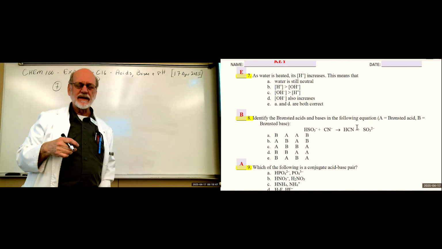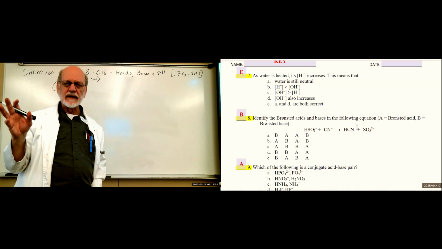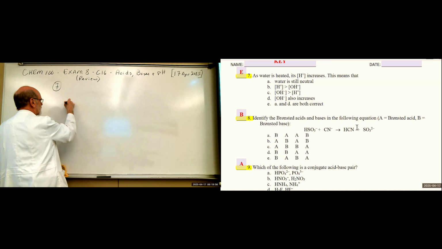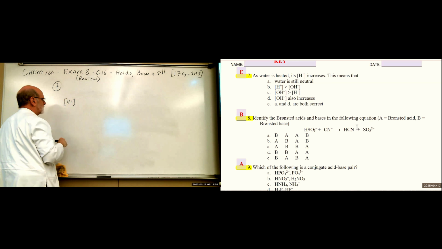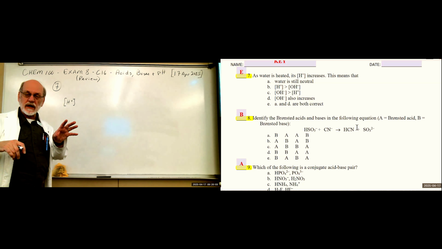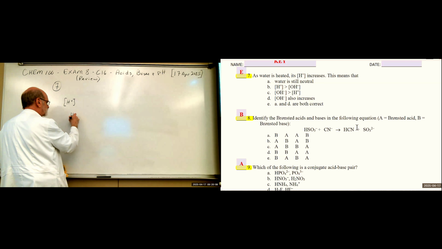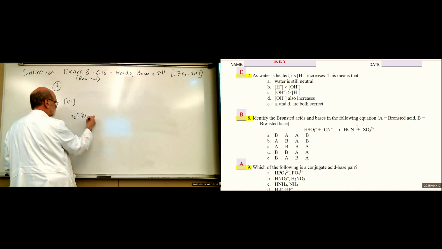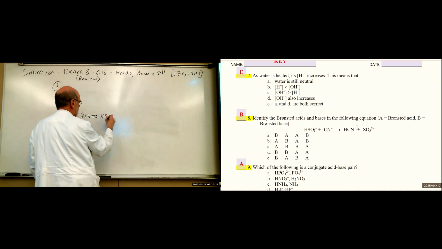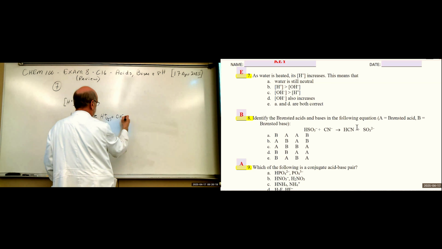As water is heated, its hydrogen ion concentration increases. What does this mean? So we start off with a certain concentration of hydrogen ions. And as you heat water, and we're talking about pure water here, it produces hydrogen ions and hydroxyl ions.